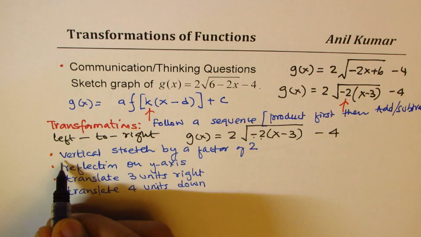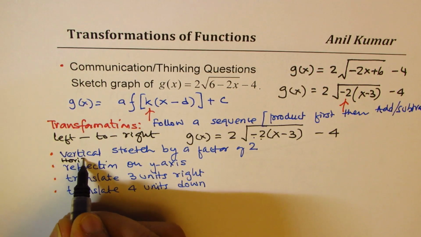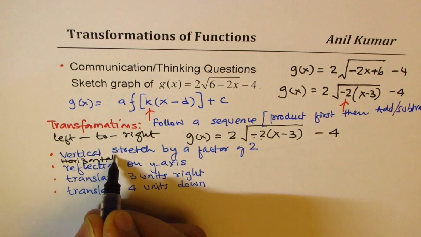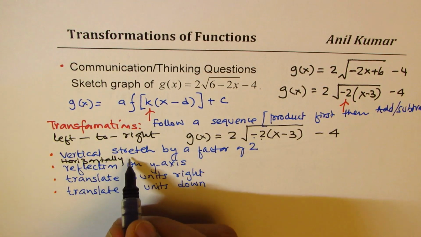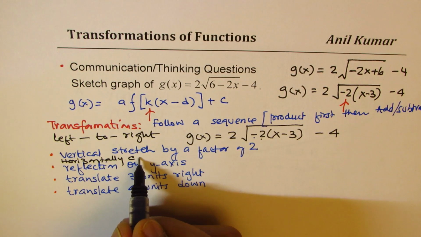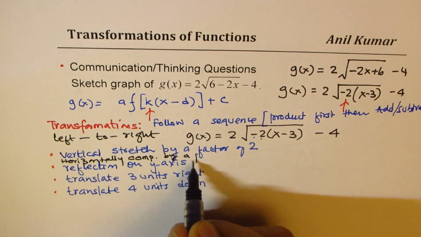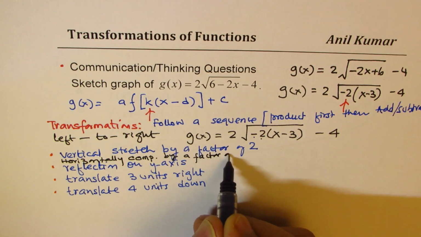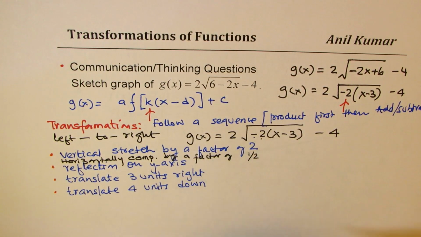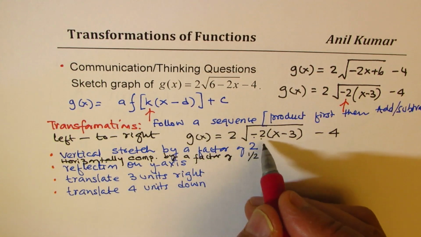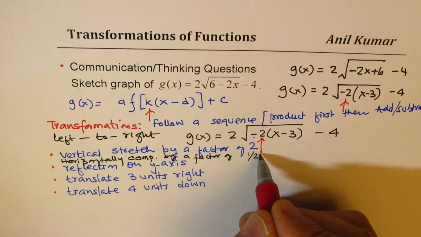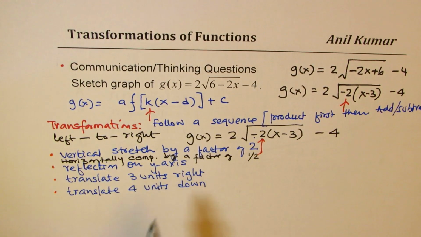So, horizontally compress by a factor of half. This is for this 2, which I forgot. Okay. So these are all the things which you have to do to get to the graph.